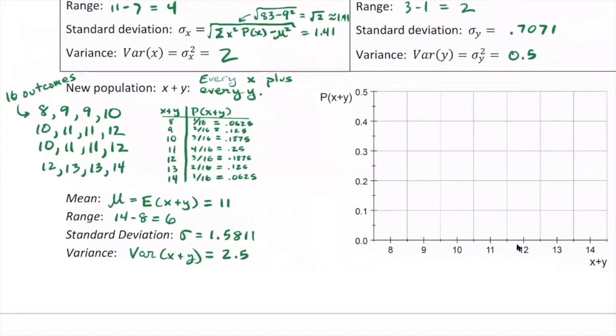Quick little graph here. So for 11, there's 0.25 right here in the middle. That's another curve. For 9, there's 0.1875 maybe here and here. And 0.125.